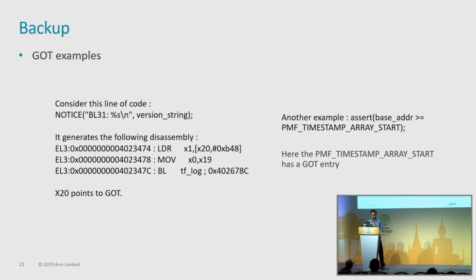I got it, thank you. Trusted firmware runs with identity mapping anyway. Yes, usually the physical and virtual addresses are the same in trusted firmware, but you could have them different.